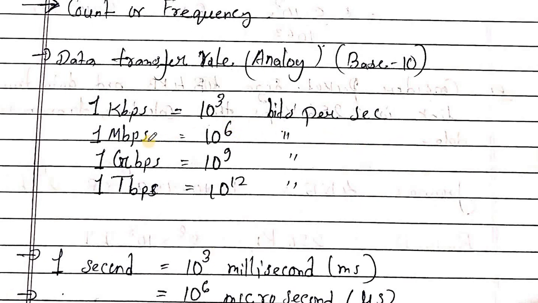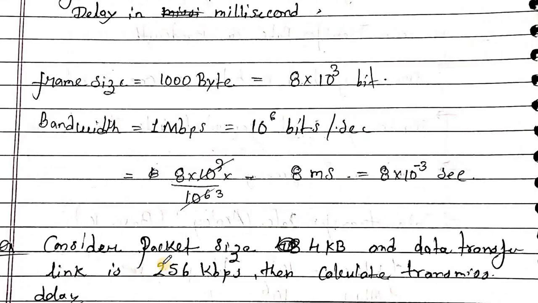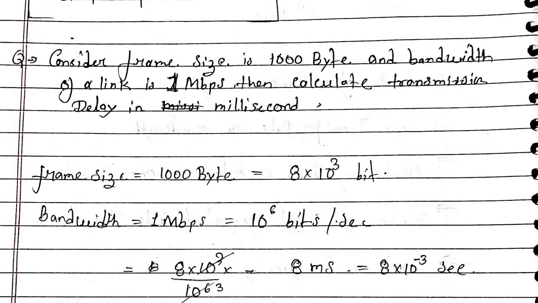It means that if bandwidth is 1 mbps, then 10 to the power 6 bits are put in a channel in 1 second. For time conversion, 1 second is 10 to the power 3 milliseconds, and 1 second is 10 to the power 6 microseconds. Here are some simple questions to find the transmission delay.